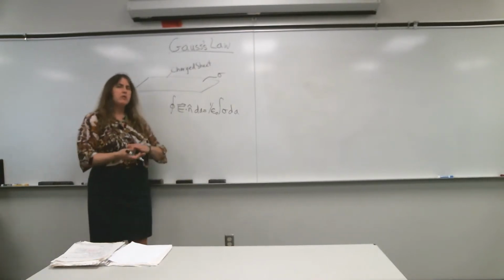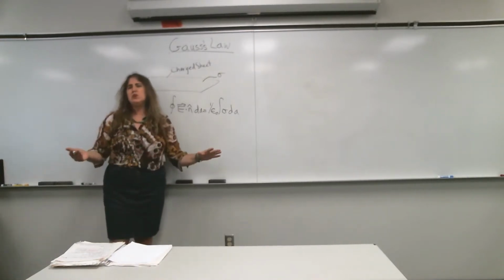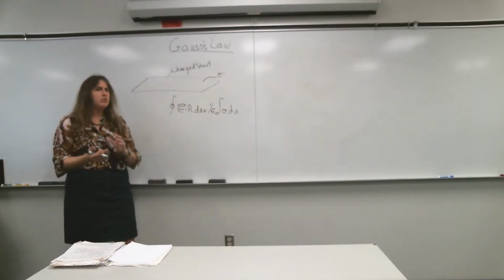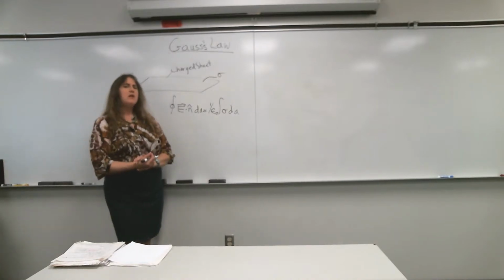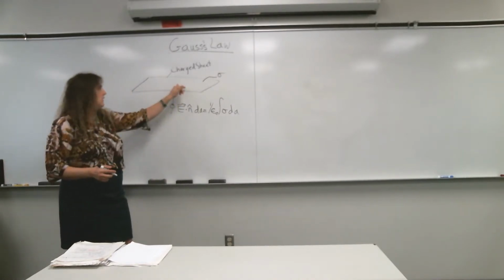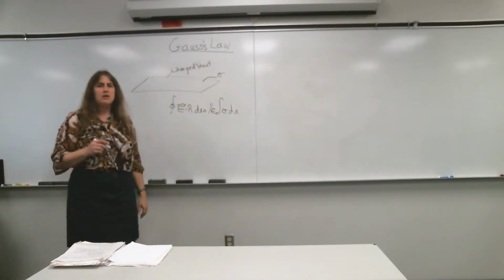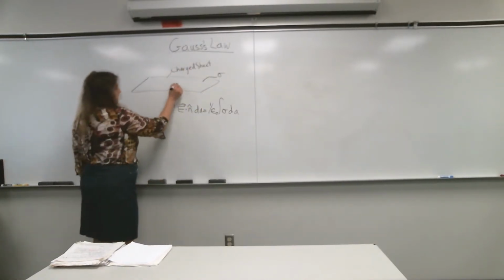Do you choose another surface that's infinitely large or very, very large that encloses this, or is there another choice? It turns out a good choice for making use of Gauss's law is to pick what's called a pillbox.